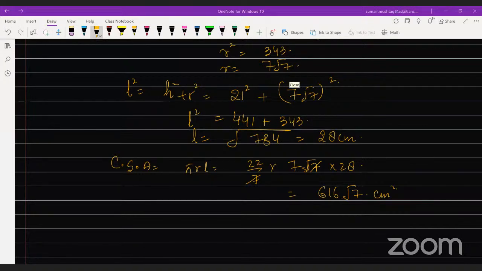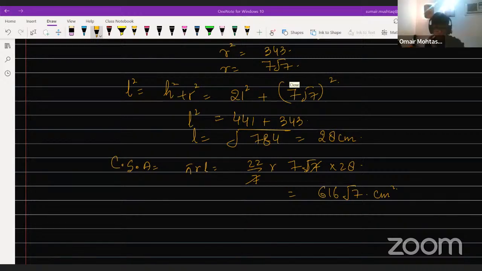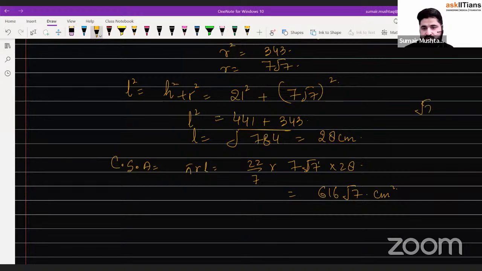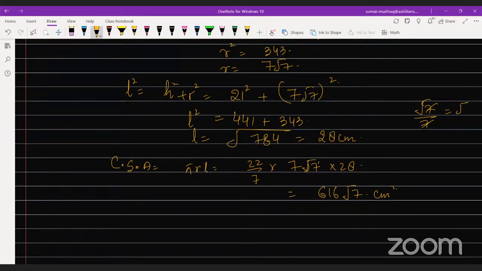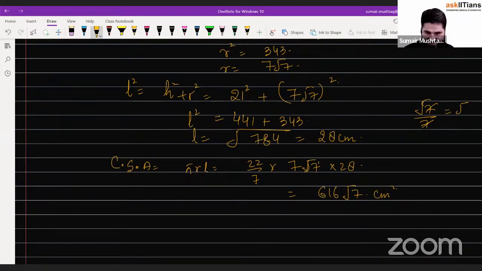I think you should not cut the root sign, but you should cut the numerical sign. No, Ali, you should cut the root sign. But Ali, I have heard that if you have root 7 divided by 7, 7 and 7 will cut and I will get root. Sir, that is if you use brain to do maths, not kidneys.